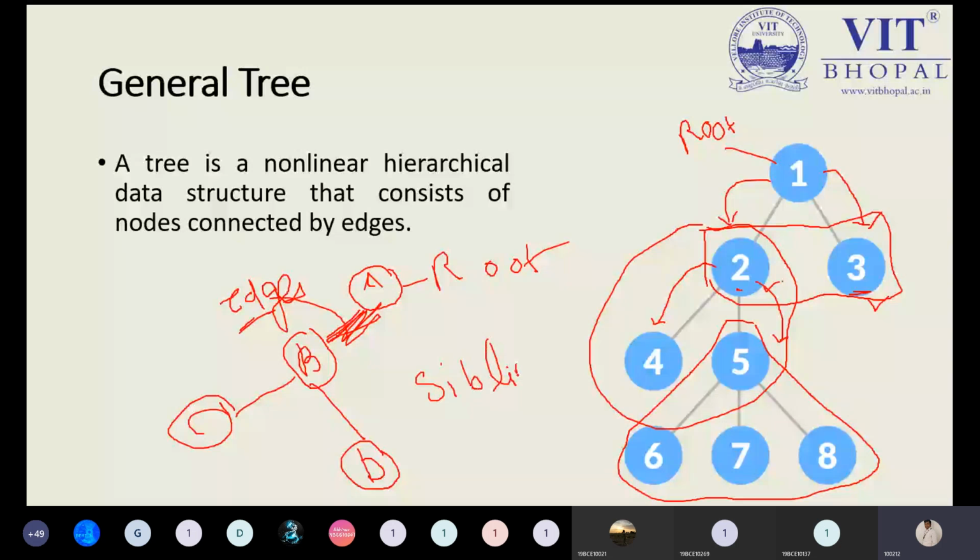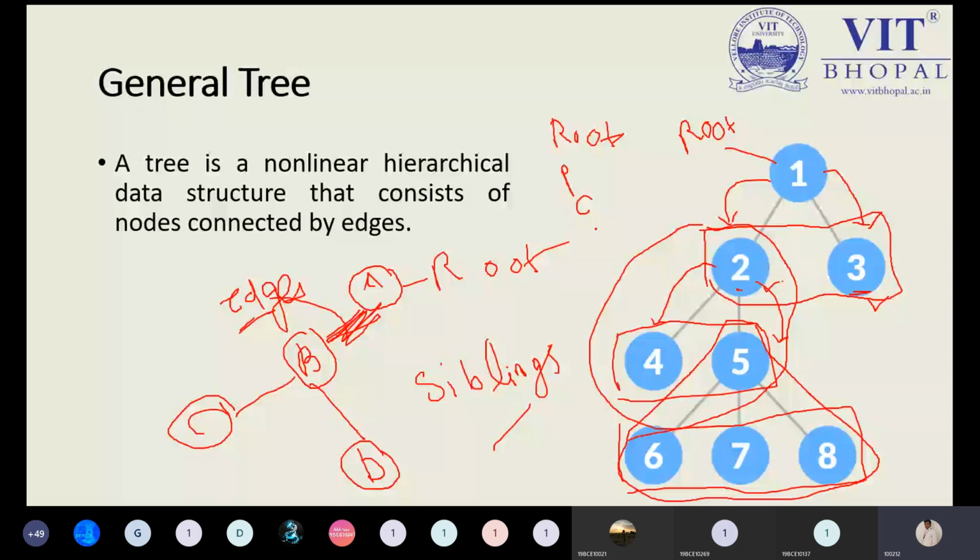These are the sibling nodes. So here siblings we can write. And 4 and 5 are also siblings. And 6, 7, 8 are the siblings of each other. So here we have the sibling nodes. What different kinds of nodes do we have? We have the root node, the parent node, the child node or children, and the sibling node.